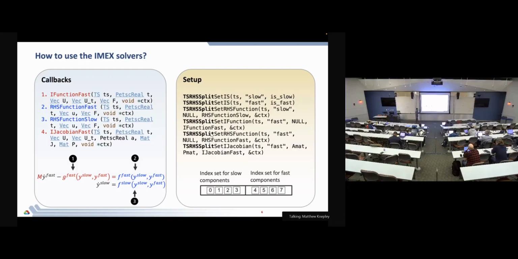So here we are using an infrastructure called the TS RHS split, which is largely inspired by field split. It allows you to partition the system component-wise in as many pieces as you want. And for each piece, you give them a name tag. So we call one piece slow and the other part fast, so that this allows us to provide the corresponding callbacks for each individual component.